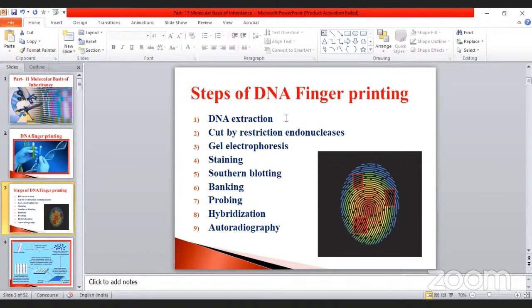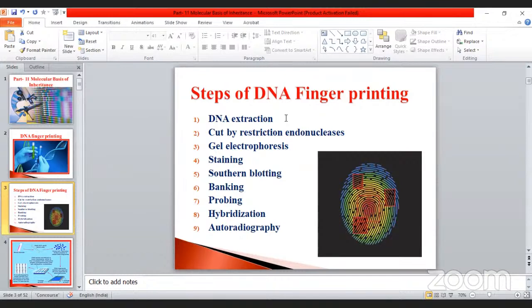After cutting into fragments, you have to select the desirable fragments of the sequences. Then you apply the technique called gel electrophoresis. Gel means agarose gel.